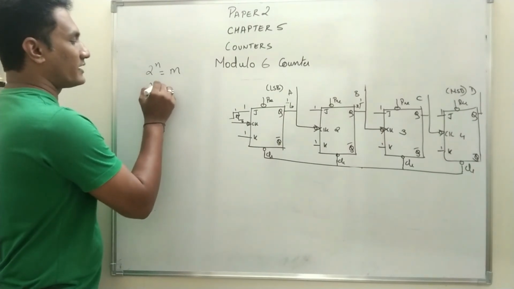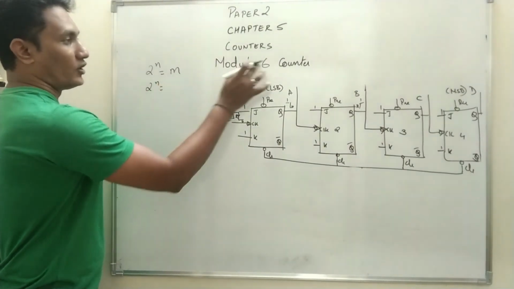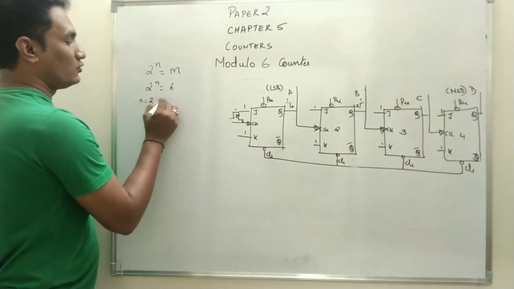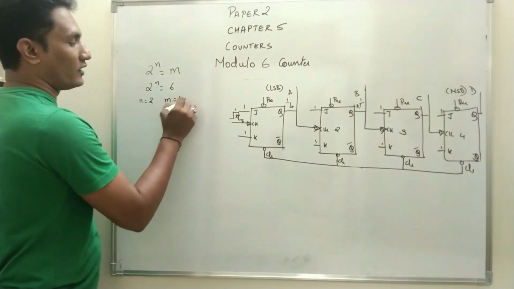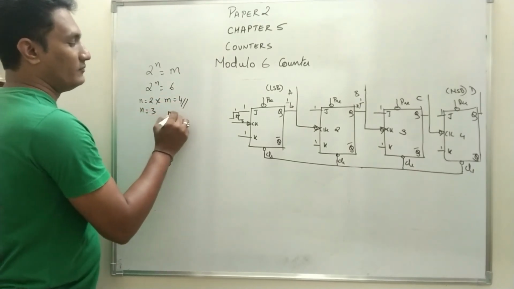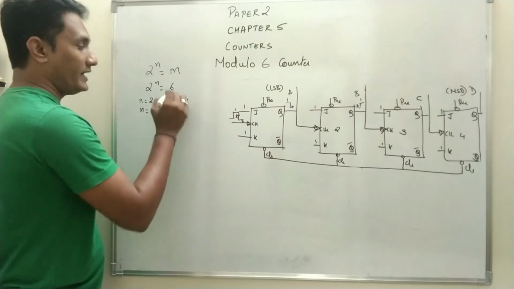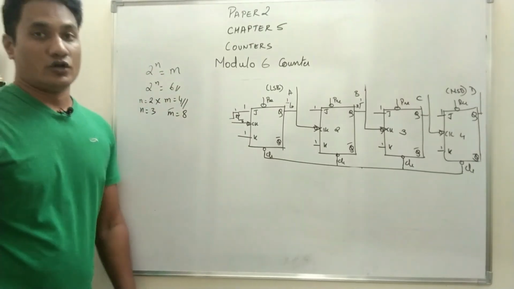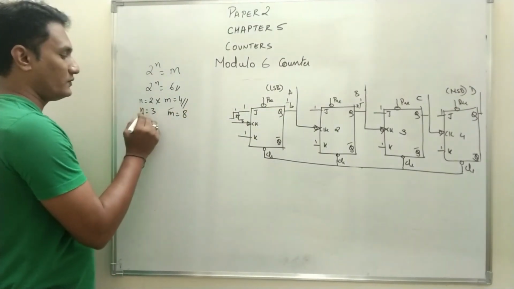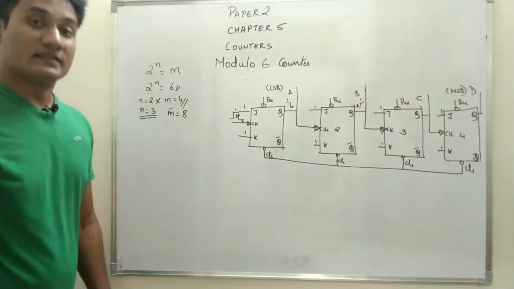So 2 raised to power n is equal to modulo 6 is given. Now if you take n is equal to 2, m will be equal to 4. Of course not possible. If you take n is equal to 3, m will be equal to 8. So in a modulo 8 counter you can easily design modulo 6 counter. So in case of modulo 6 counter, how many flip-flops we have to use? We have to use 3 flip-flops.